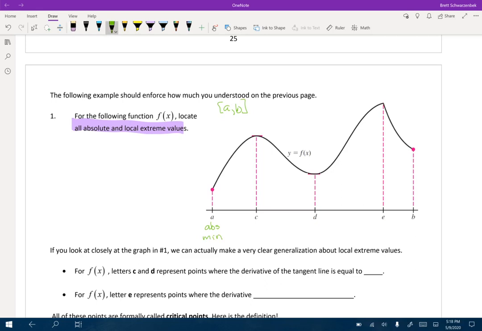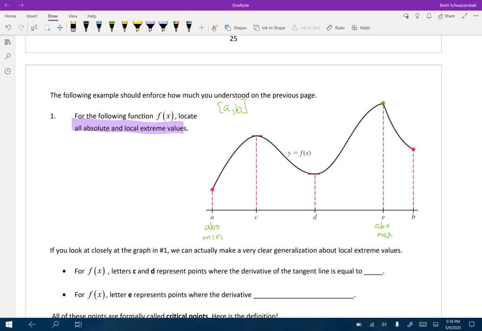It appears that the absolute peak of the graph is up here. So we have an absolute max at an interior point at x equals e. There are no other absolute maxes. Worth noting, if this point here was also up here at the exact same value of y, we could have two absolute maximums, but only if they have the same value of y. The same thing works for minimums.